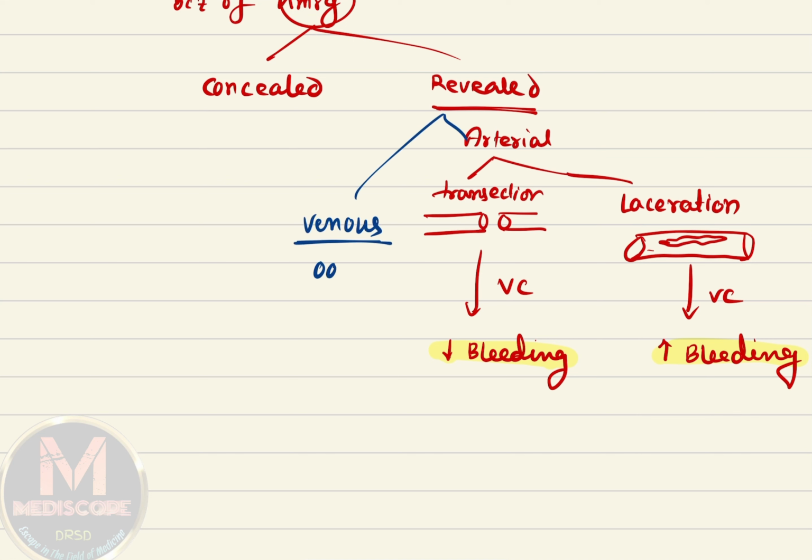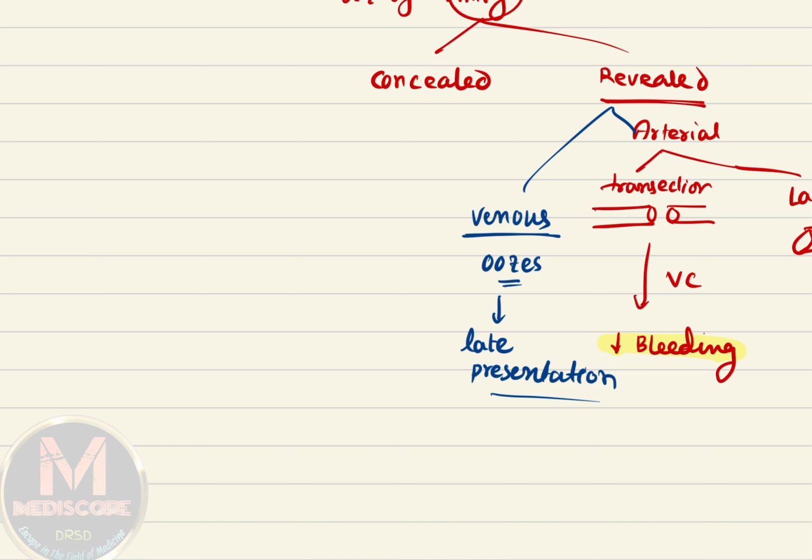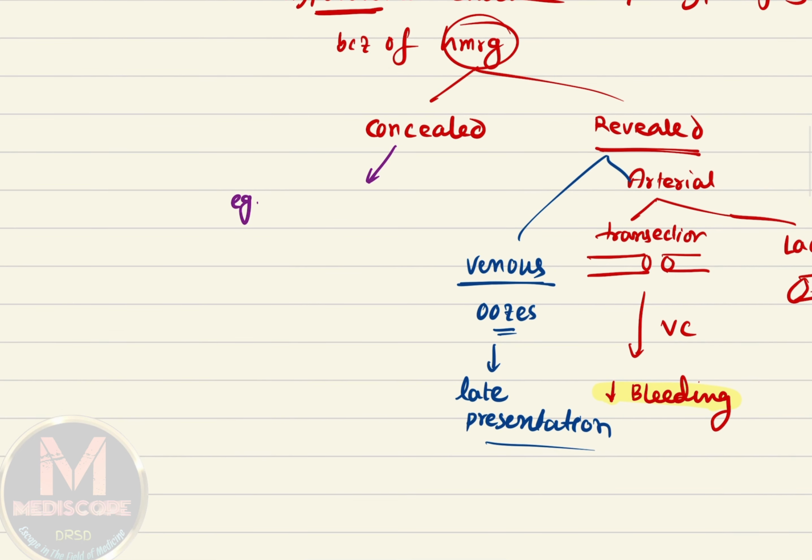Venous bleeding means there is oozing of the blood, so the body has much time for compensation. So if this venous bleeding is happening, there will be late presentation because the body has enough time to compensate.